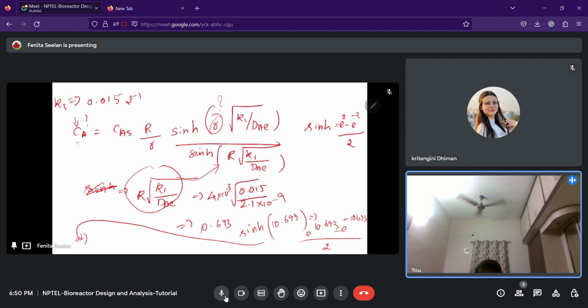How much is the value? It's about 2.2 into 10 power 4. So you have now calculated this entire term.